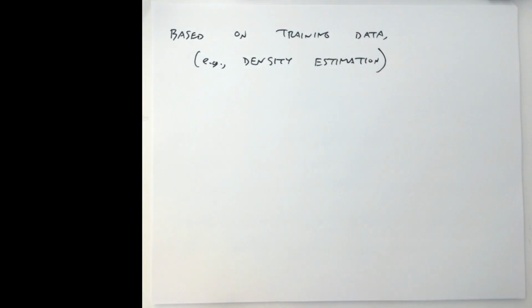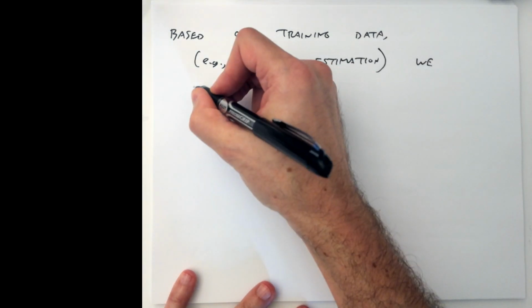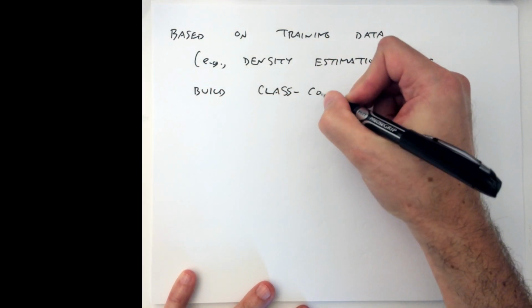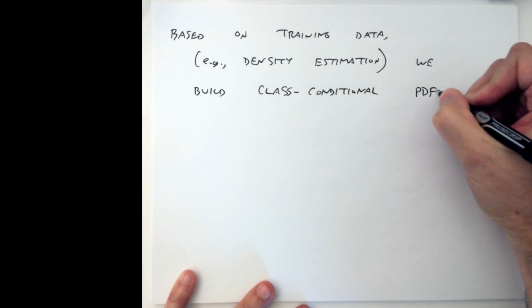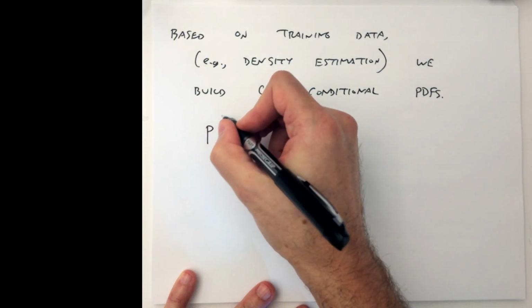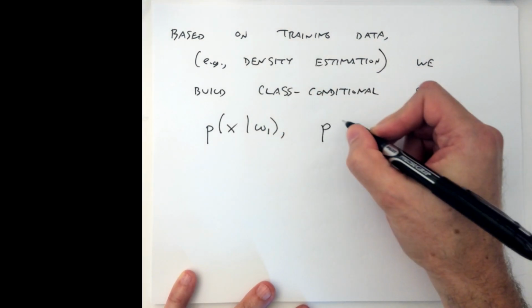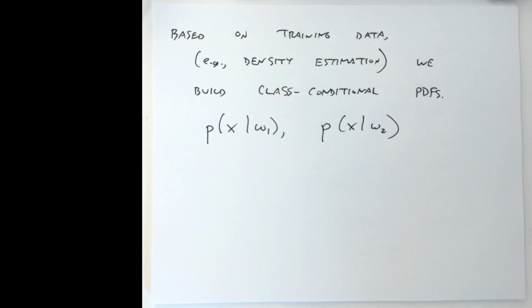So based on training data, we build what I would call class conditional PDFs like this: little p of x given omega 1 and little p of x given omega 2. So these are the probability densities that I expect to see of x under each of the two classes.